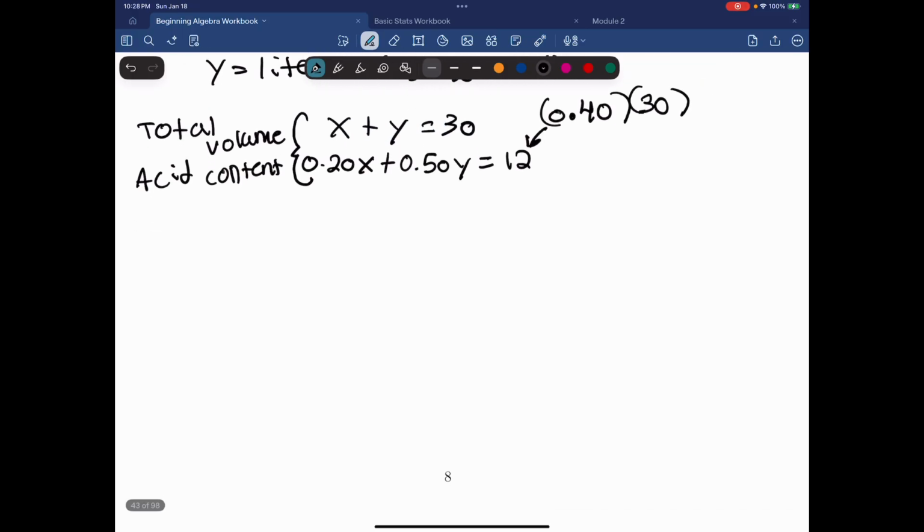So that's our system. Now to solve it, I'm going to do substitution. I'm going to take the first equation and solve for y. When I do that, we get y equals 30 minus x. And then I'm just going to carry down the second equation just as it is.